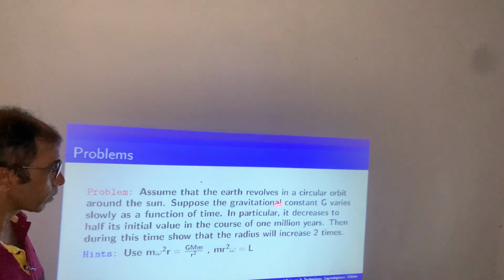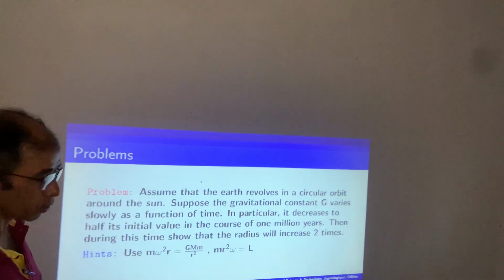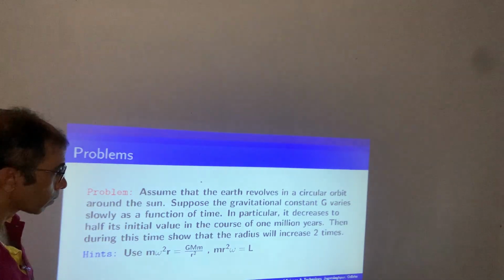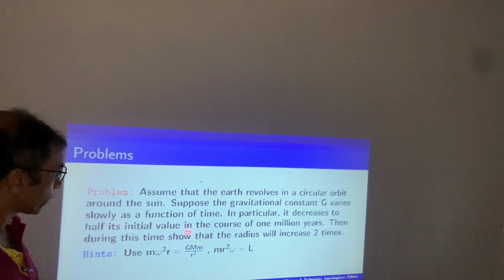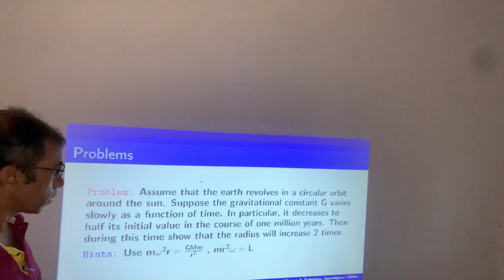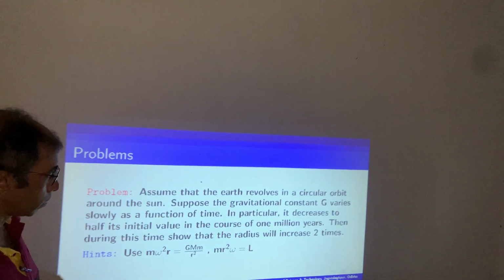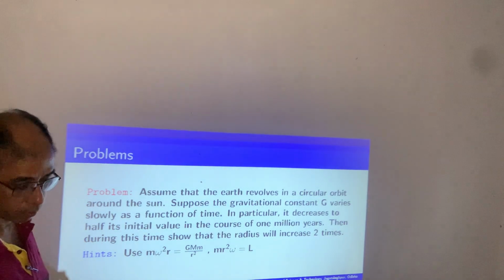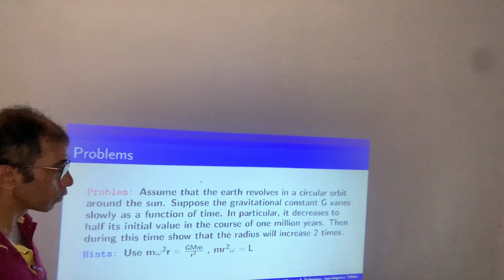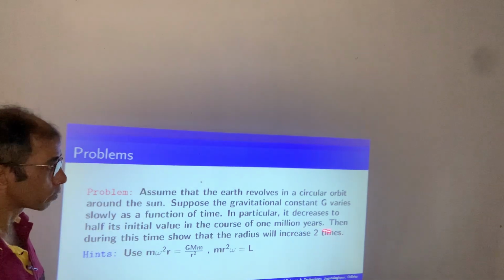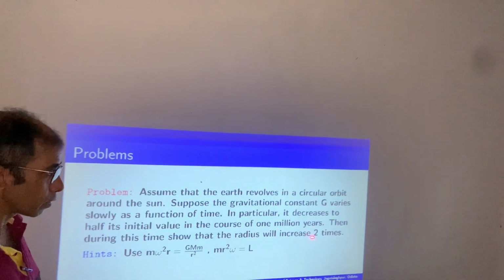So the gravitational constant G is changing slowly, and it changes to half its initial value. Then what will be the radius of the orbit in which Earth is rotating? It will increase 2 times. So you have to show that the radius will increase 2 times.